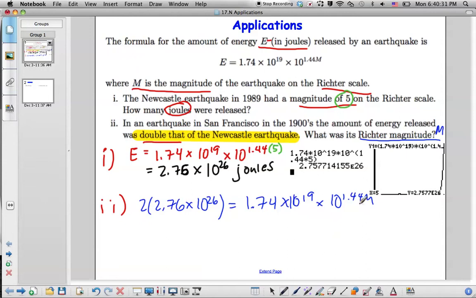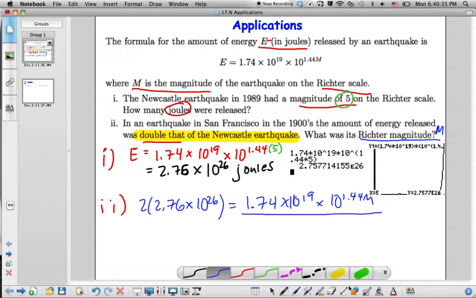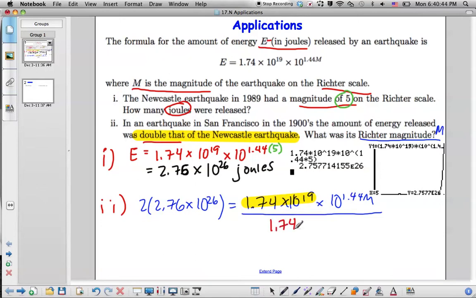Well, first thing is to isolate our variable. Let's get rid of everything in front of it. And this whole thing is just being multiplied, so I can take that whole thing and just divide by it. If I do that to one side, I have to do that to the other.